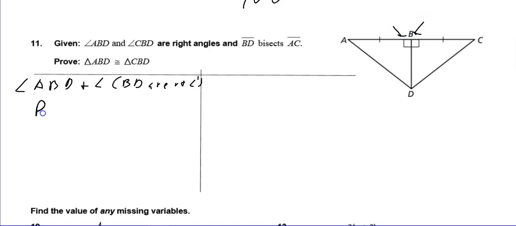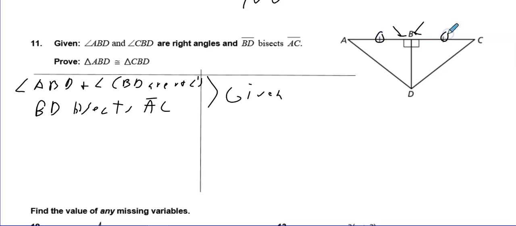And we're told that BD bisects AC. These are both given. So BD bisects AC. So that means we know these two pieces are equal.